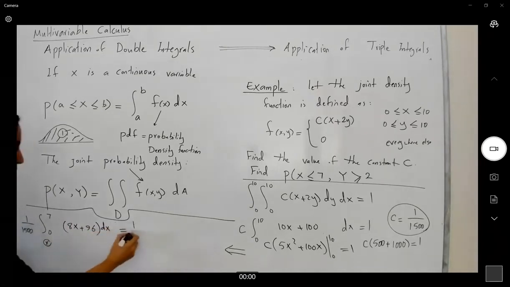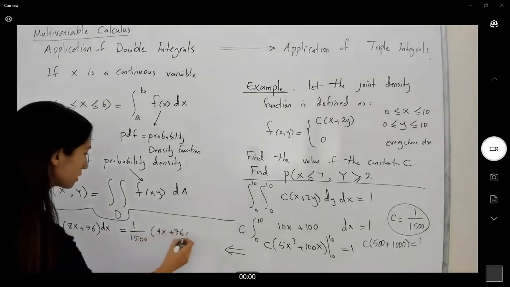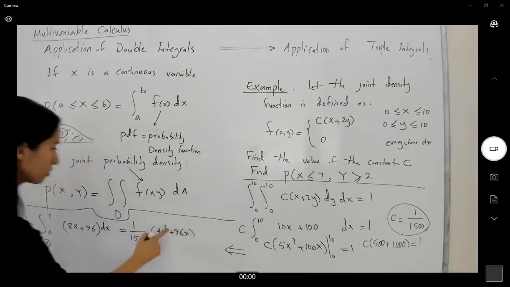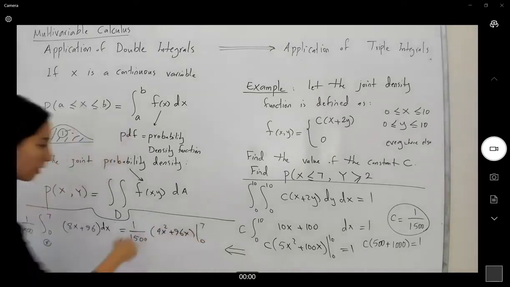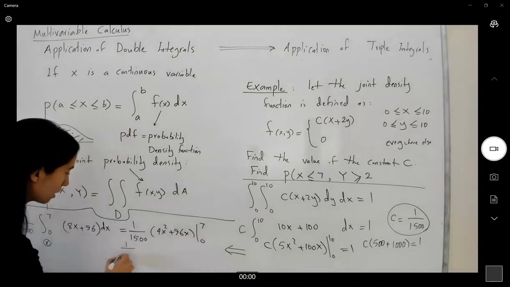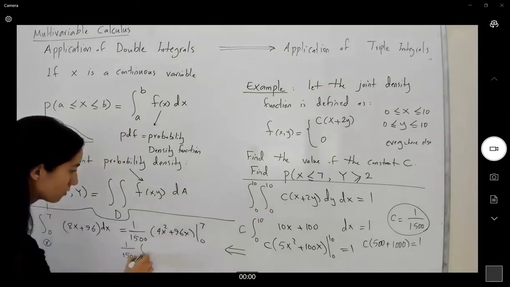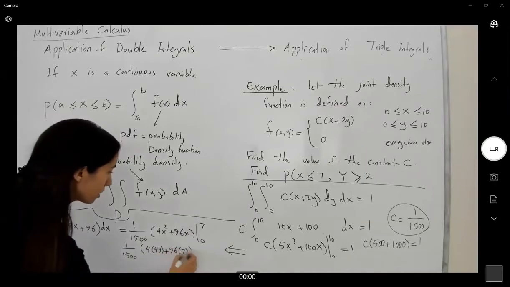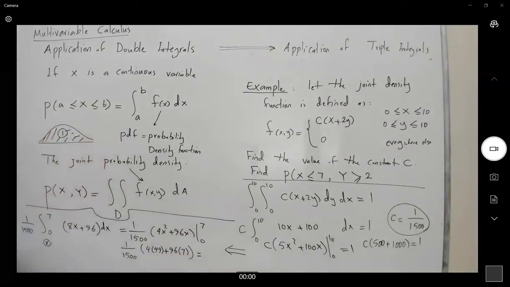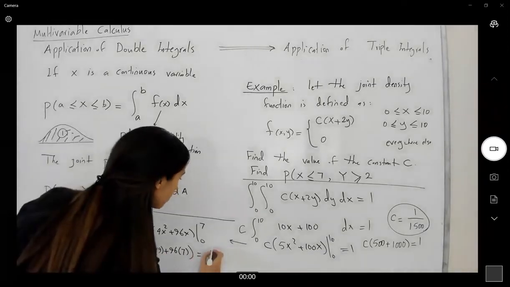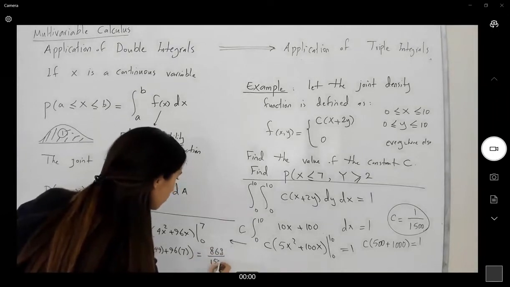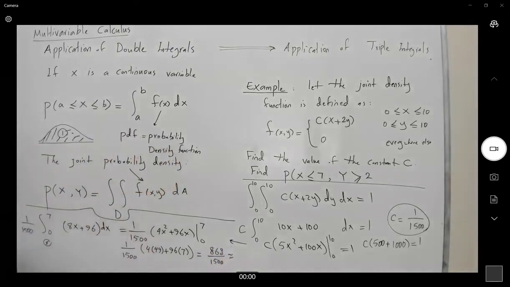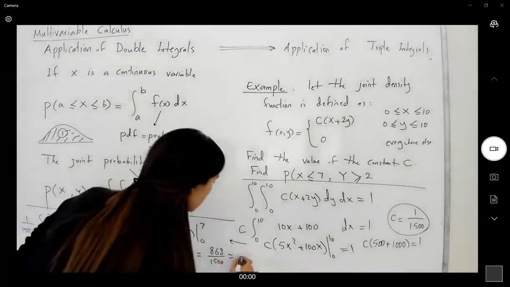This is equal to 1 over 1,500 times 4x squared plus 96x, from 0 to 7. If I plug in 7, I get 1 over 1,500 times 4 times 49 plus 96 times 7. By doing the algebra, you get 868 divided by 1,500. Let's do the calculation, 0.5787.